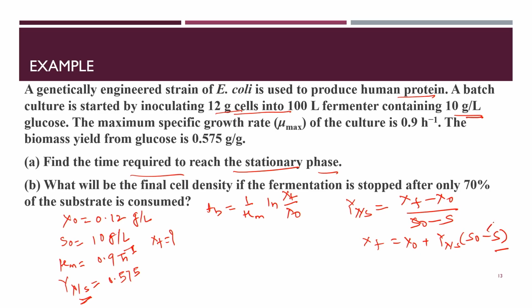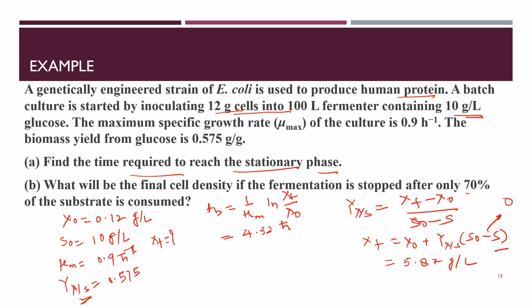For the time being, assume complete utilization of substrate, s as 0. So, we will get the value of xf as 5.87 gram per liter, and once xf is known we can quickly calculate the batch time, that will be 4.32 hour.